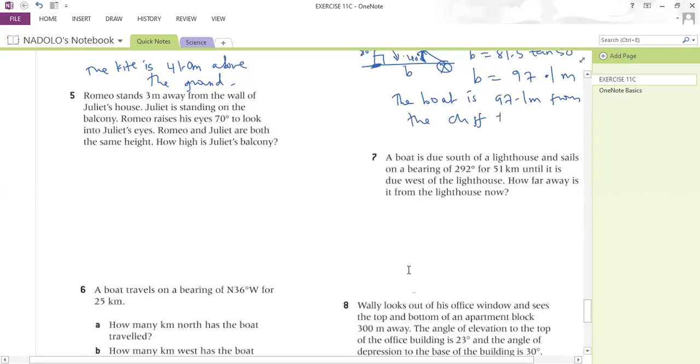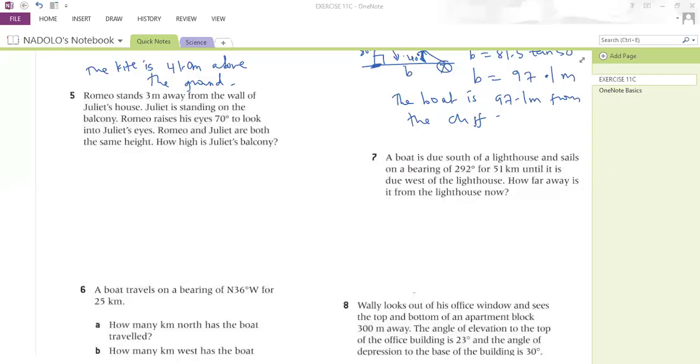Romeo stands 3 meters away from the wall of Juliet's house. Juliet is standing on the balcony.